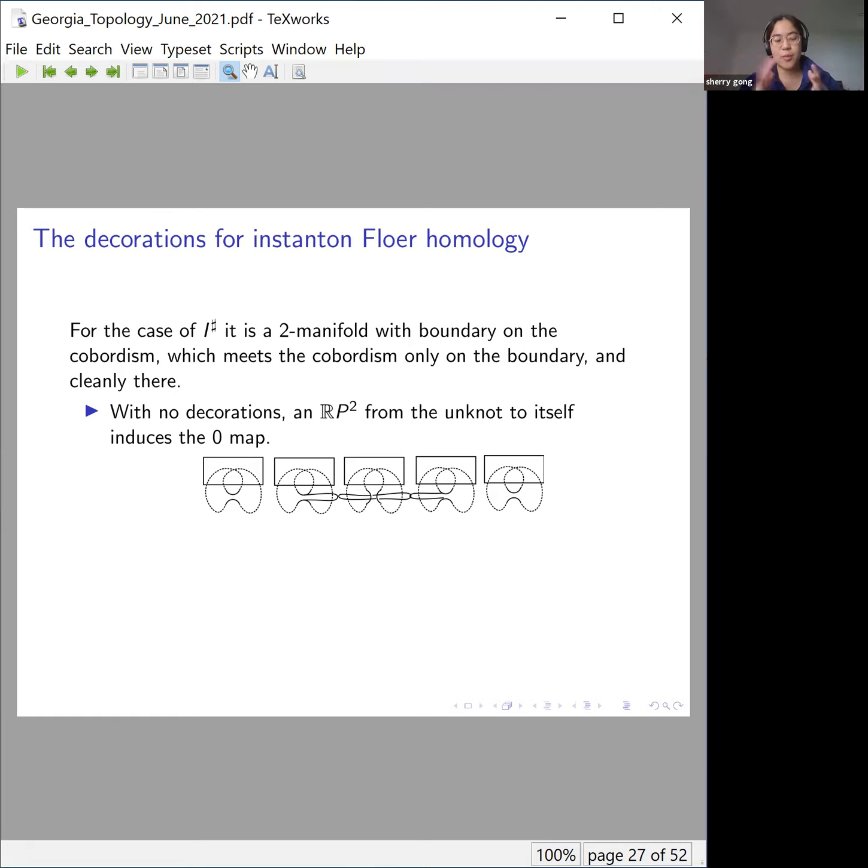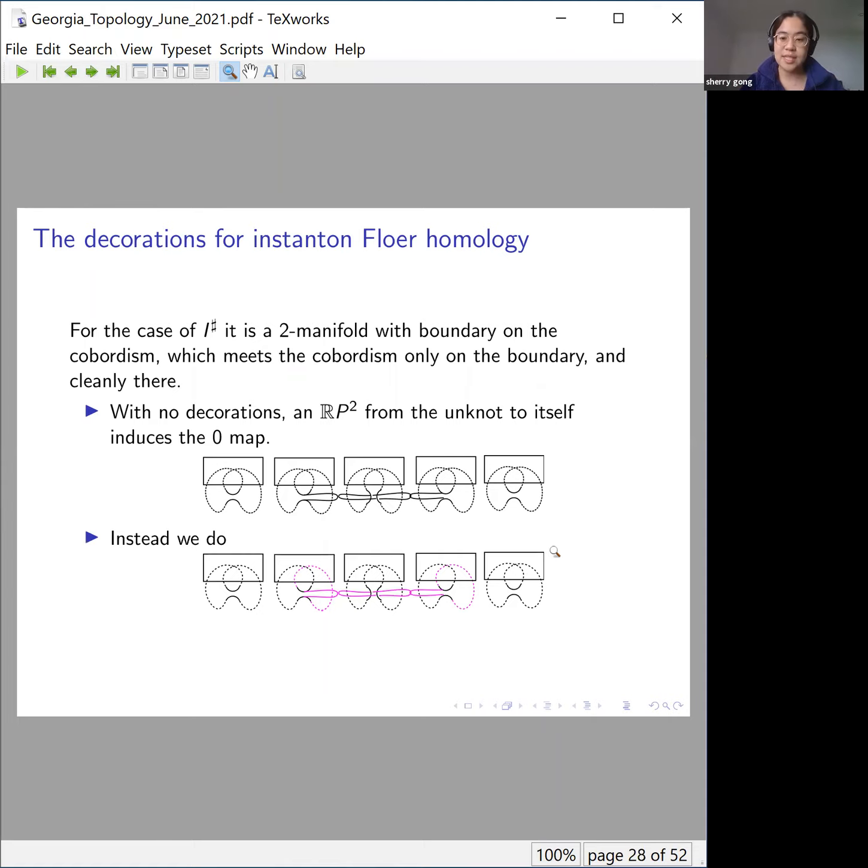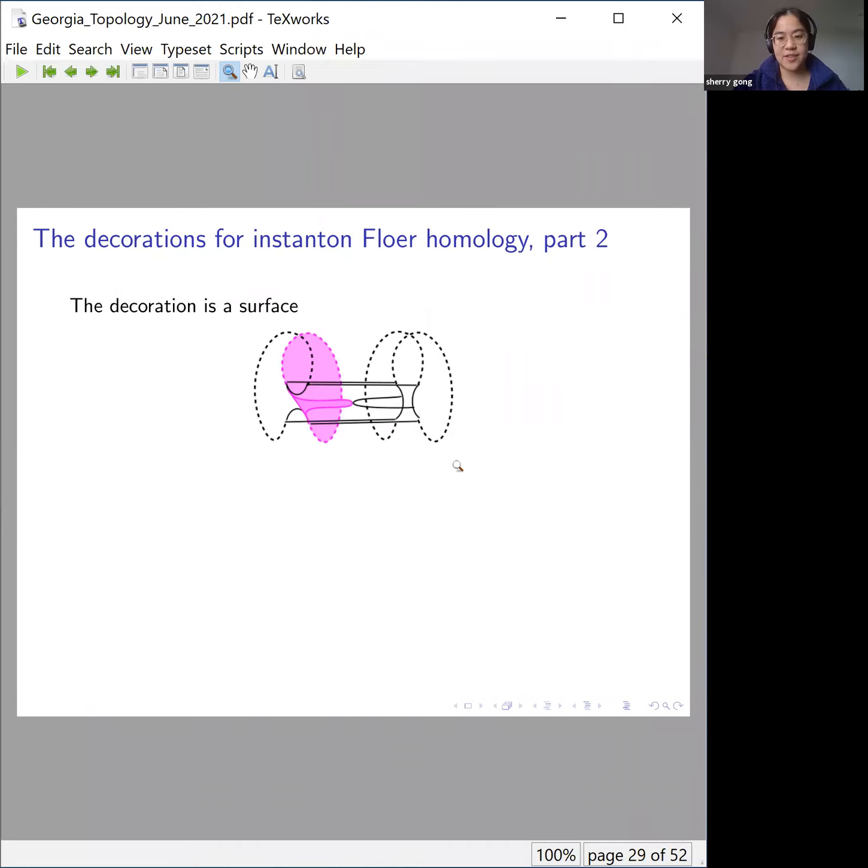The cobordism I've been using has a standard singular bundle, but for instantons, we can also consider other singular bundles on the same cobordism, and we keep track of the singular bundle via a surface that has boundary on the cobordism.